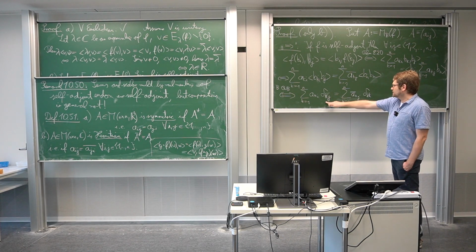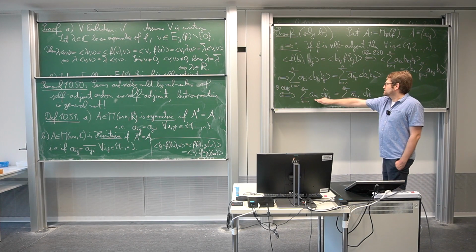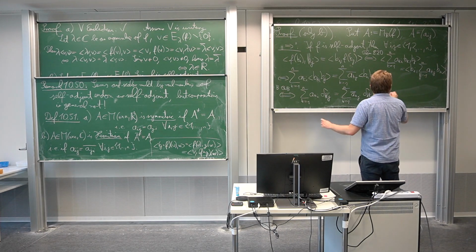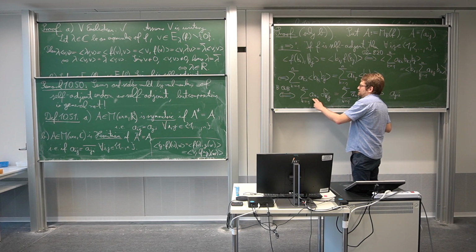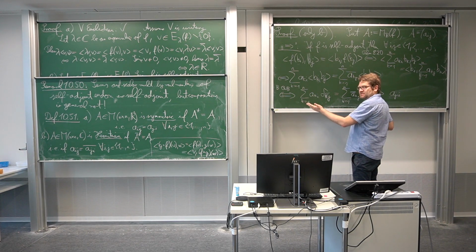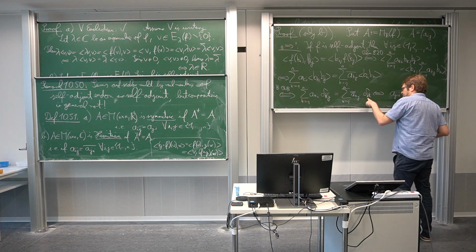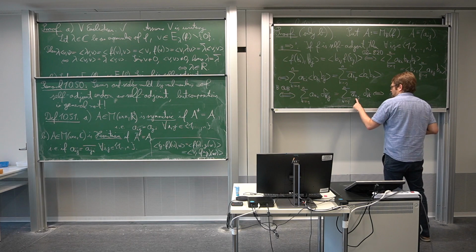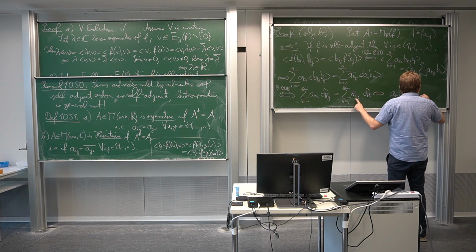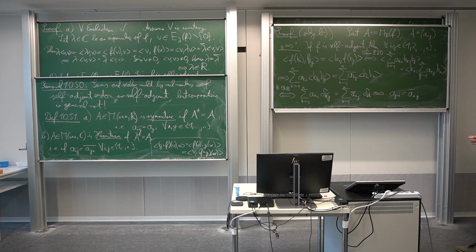So on the left, if k is equal to j, we get just a_ji. The other summations all vanish. Here it is the same: this is only nonzero if k is equal to i, in which case the delta is 1. So this would be a_ij bar. And this is what we wanted to show.